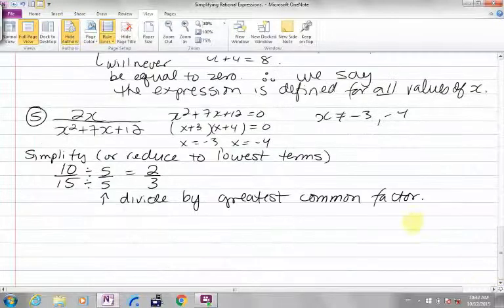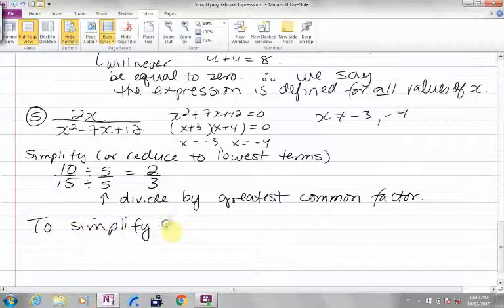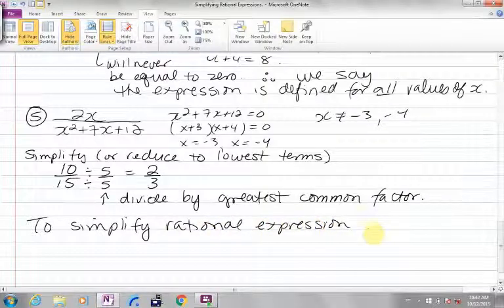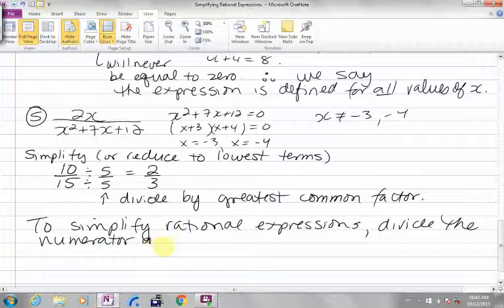All right, so we're going to do the same thing. So to simplify rational expressions, you want to divide the numerator and denominator by their greatest common factor.